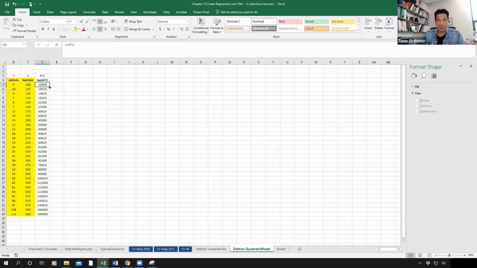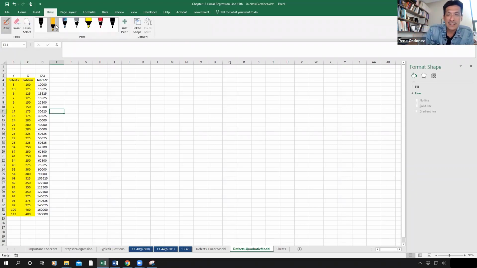So once you create the formula there, you copy that down, then you have the new variable that you can run in your regression analysis. Is that clear so far? We just created this new variable based on this column. So we will be able to develop a quadratic model expressed using this format.